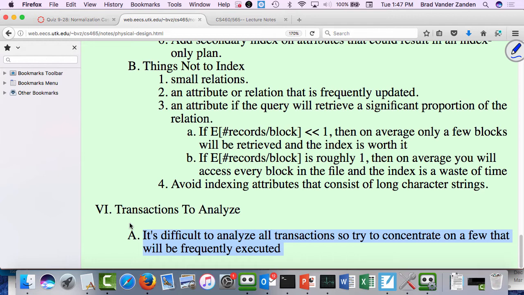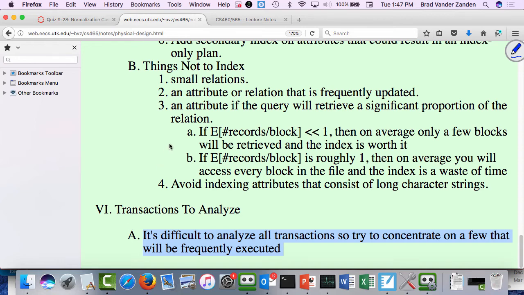You'll index your foreign keys, your primary keys, and probably your proper names. You'll index a few other attributes, and then you'll take it for a spin and kick the tires. So don't get wound up in chapter 18 with their long, convoluted discussion of transactions to analyze. In fact, just ignore it, because I won't be testing you over it.